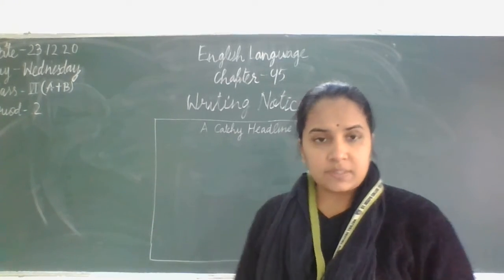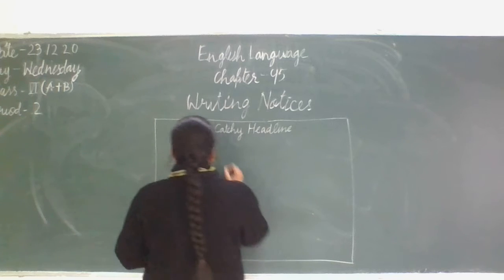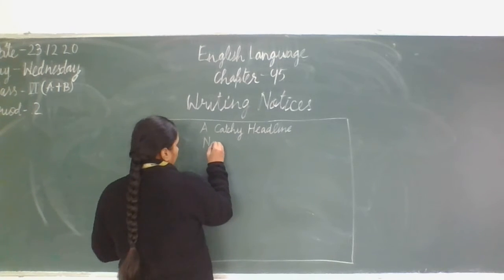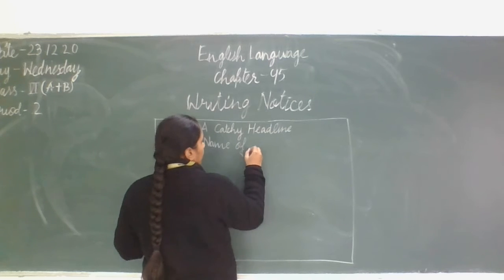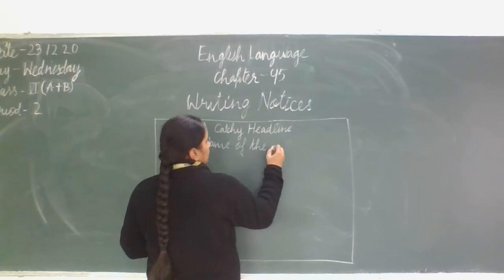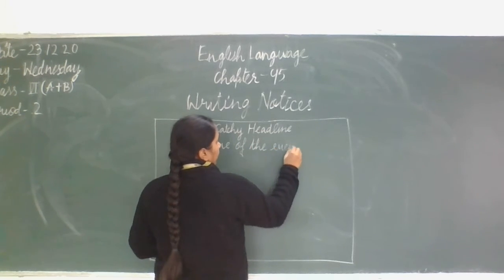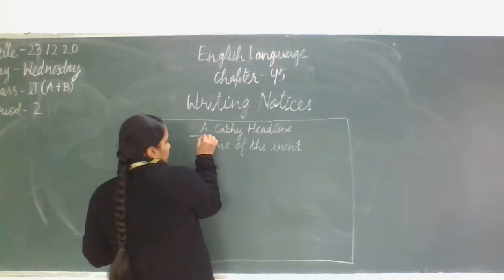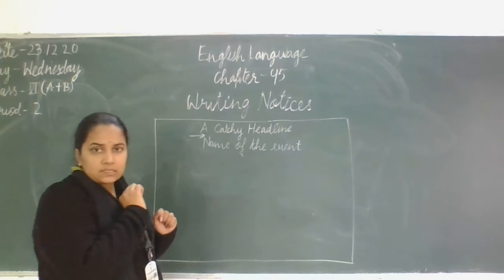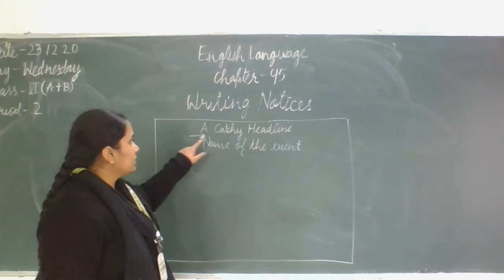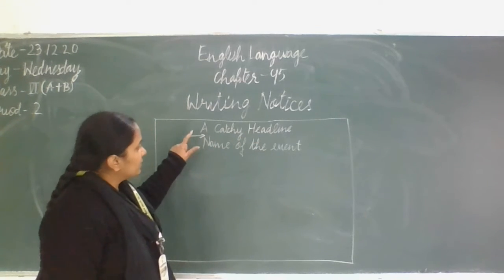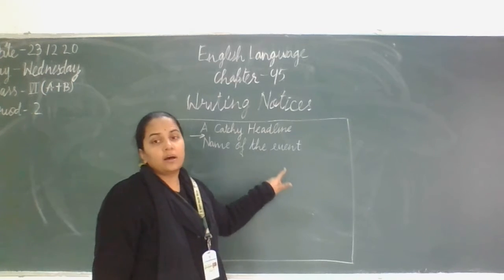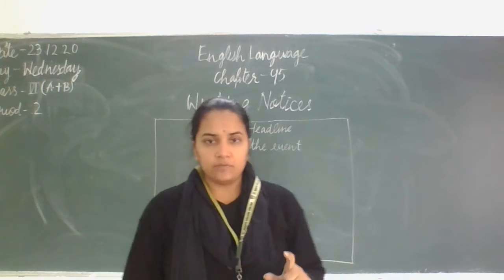Then after that comes the name of the event. After the headline, we will leave one space, and after that space, we will write the name of the event.